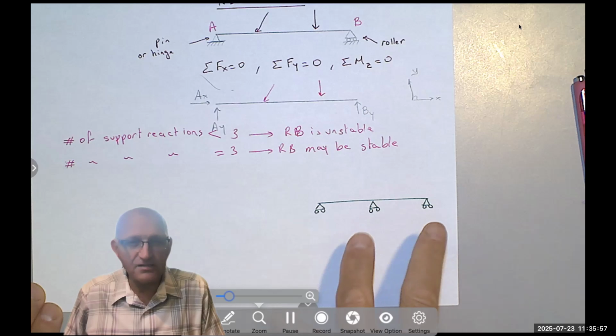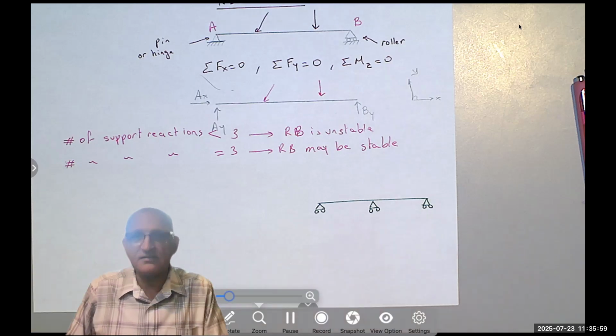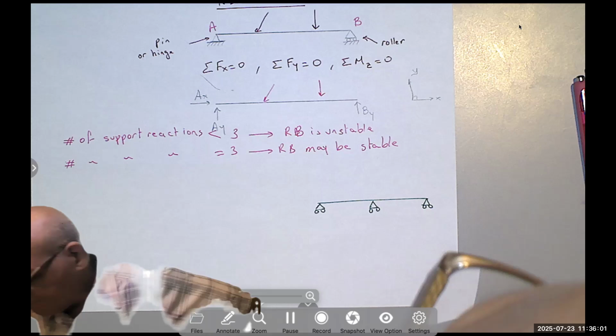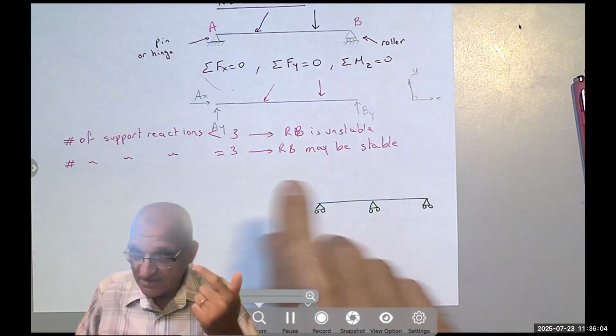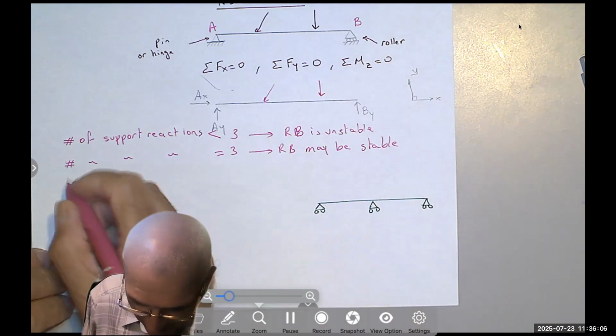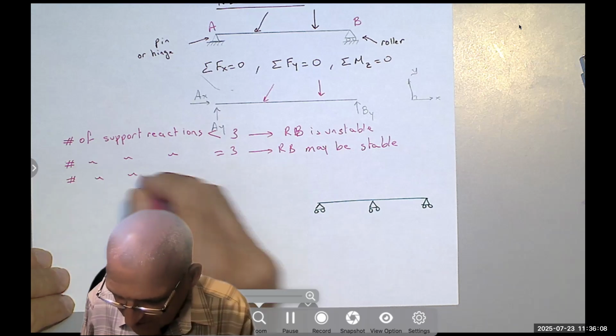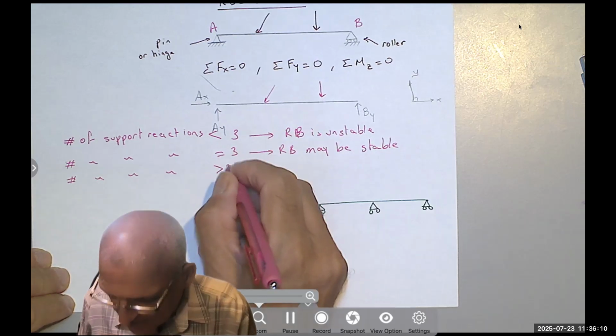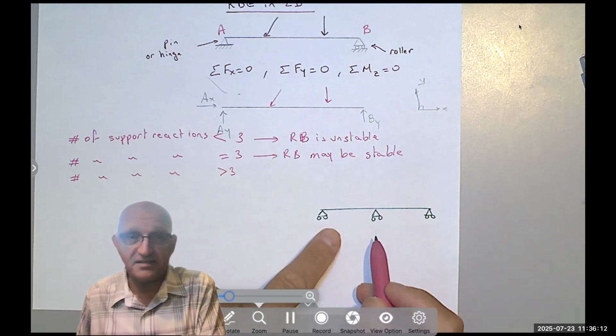I'm going to show you another one that also is unstable later. But for now, keep this in mind. If the number of support reactions is greater than three, it still can be unstable.